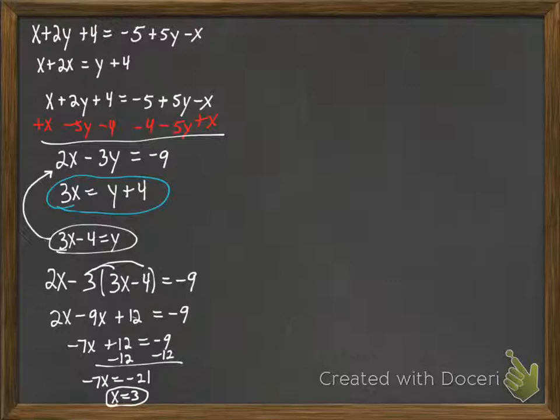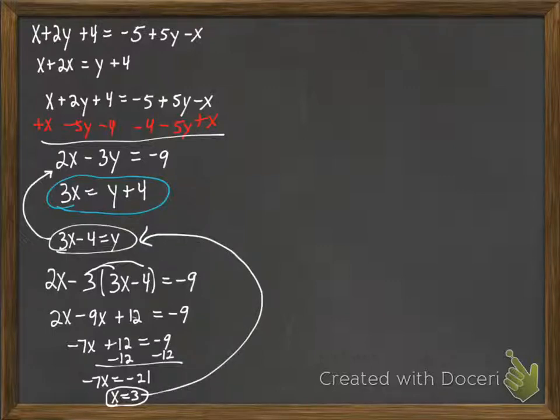At this point, we take our answer for x. We now know what x has to be, and we can plug that back in to find y. Now we can go into any of those equations relating x and y, but in the substitution method it's far easier if we go into the equation that we've already solved for y. We know that y is equal to 3x minus 4.